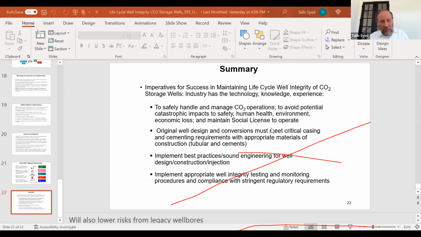If it's a horizontal well, obviously the cost will again be higher, but then the number of horizontal wells may be less than the number of vertical wells that you need. For a storage well, you want to maximize your injection rates with the minimum number of wells. So you're looking at all these different aspects: how can I increase my injection capacity with a minimum number of wells.